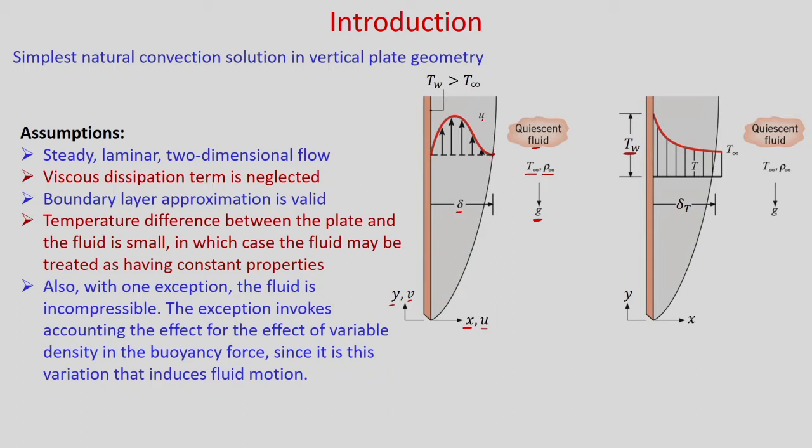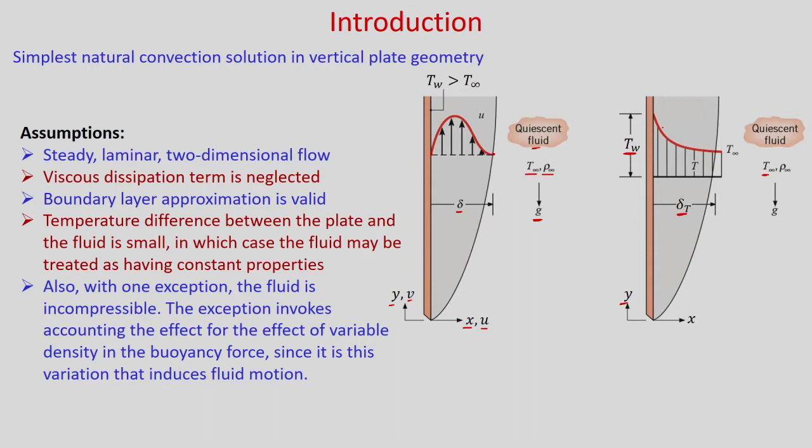So, the maximum velocity will occur inside this hydrodynamic boundary layer. If you consider the thermal boundary layer, similarly it will also start from the bottom and delta T is the thermal boundary layer thickness. It will grow as you go up, that means with increase in y, delta T also will increase, and T infinity is lower than Tw.